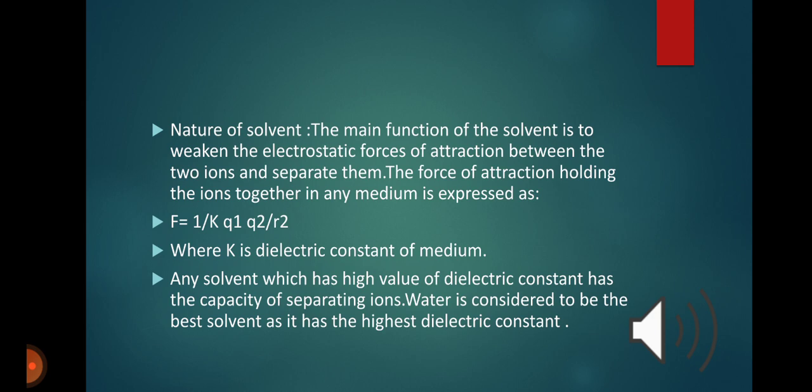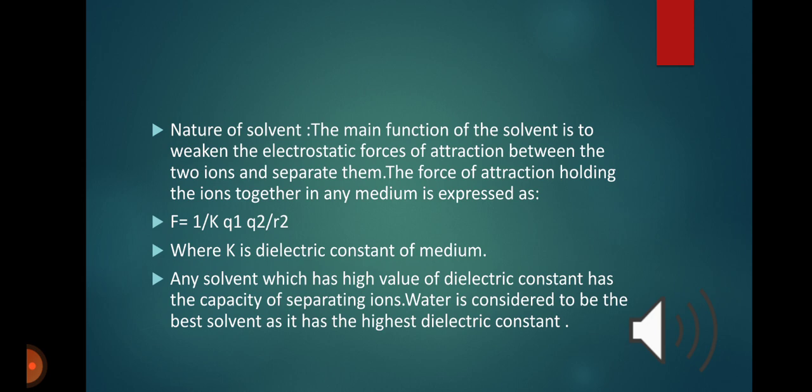The force of attraction holding the ions together in any medium is given by F = 1/K × Q1Q2/R², where K is called the dielectric constant of the medium. What is the function of the solvent? The main function of the solvent is to weaken the electrostatic forces of attraction between the two ions.